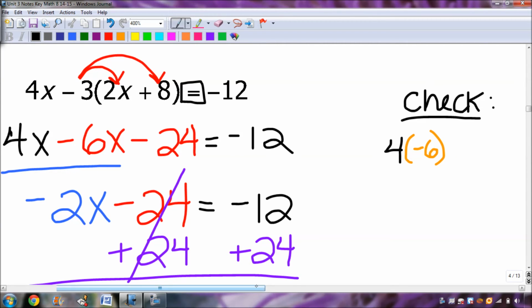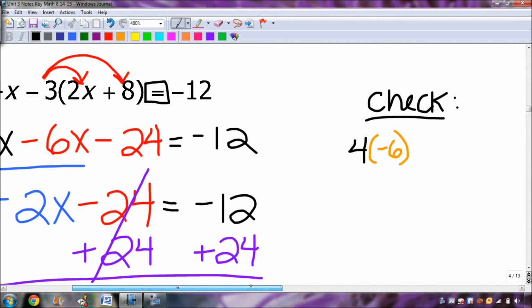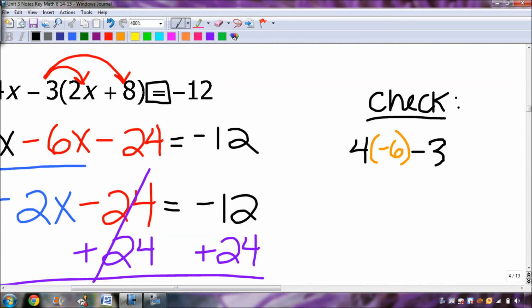So 4 times negative 6, because that's what I'm plugging in instead of x, right? Minus 3 times 2, and then I'll have another set of parentheses, and it's okay to have a set of parentheses within another set of parentheses. So, again, sorry you guys, I'm going to just rewrite the equation on top, so that way it's easier to look at what I'm trying to do.